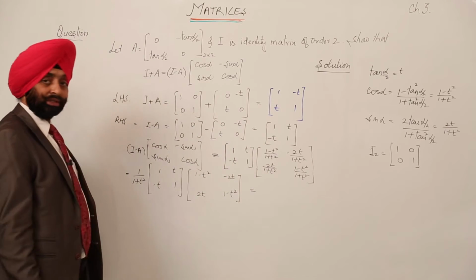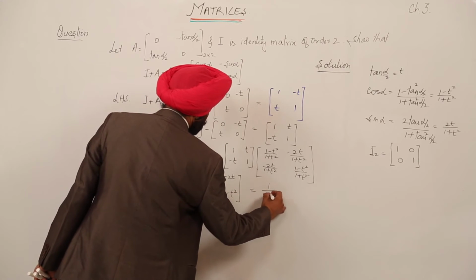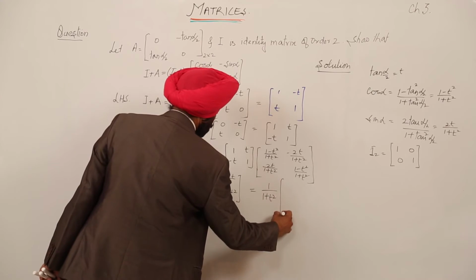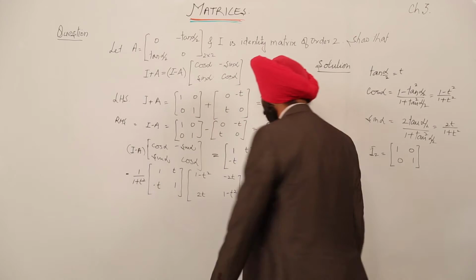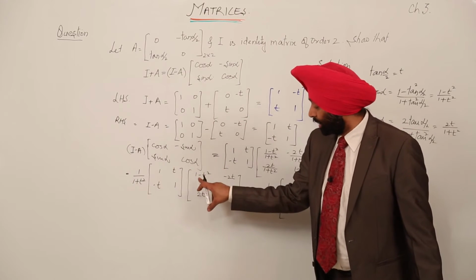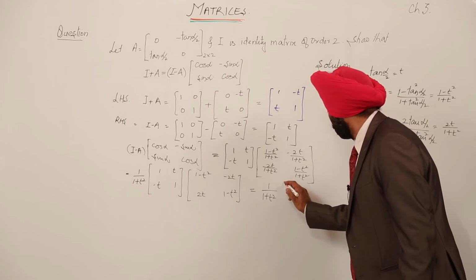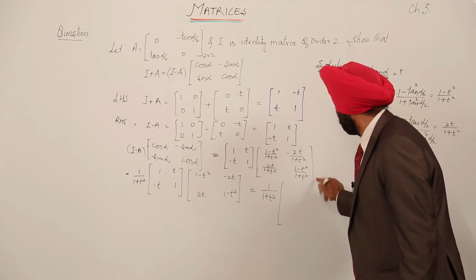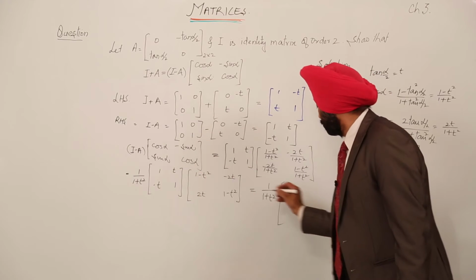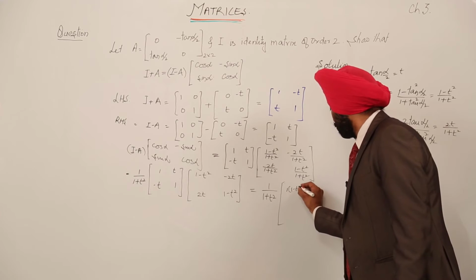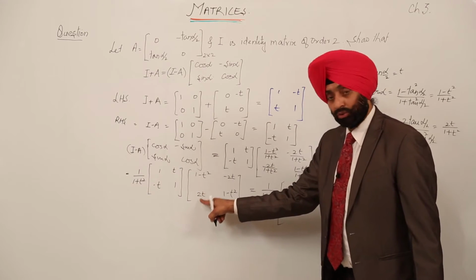So the result is 1 upon 1 plus t square. Using the definition, let's multiply. Now we are having 1 times 1 minus t square, plus t times 2t.